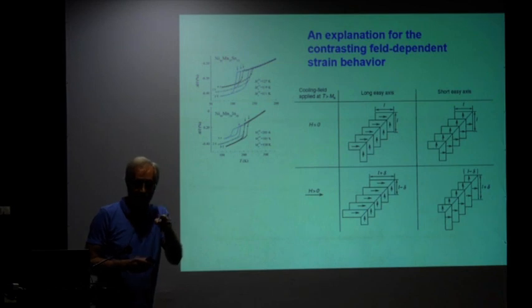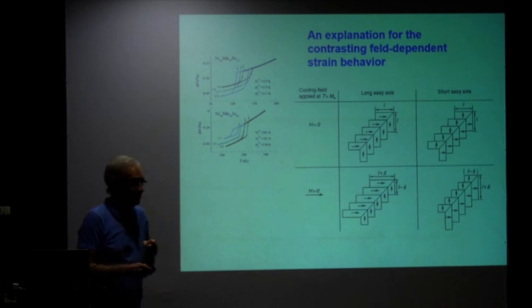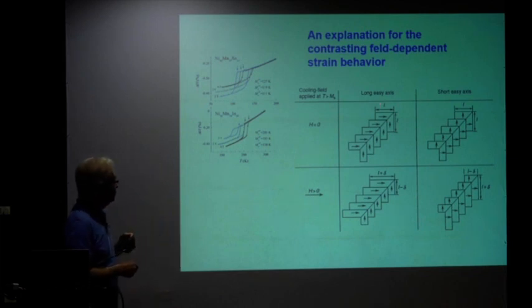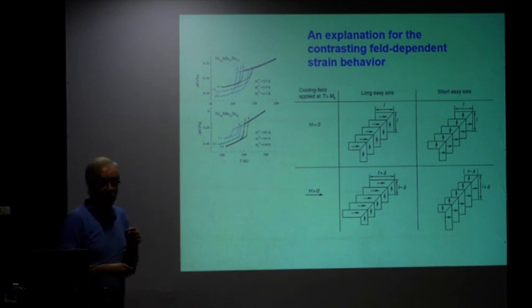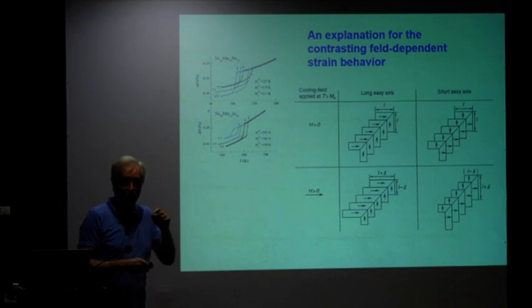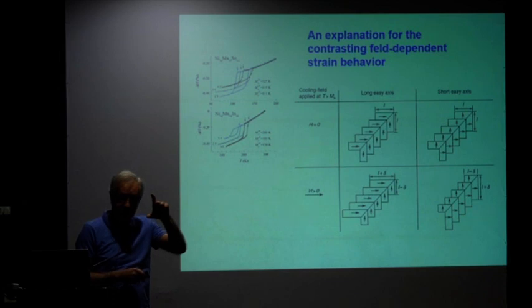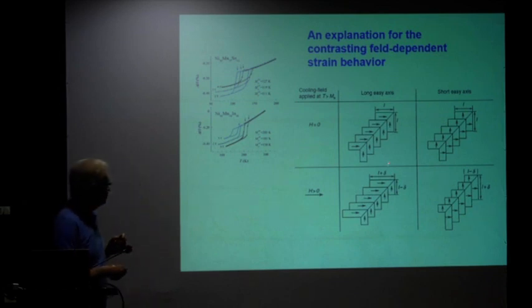Your easy axis can be short, or your easy axis can be long. So, if your easy axis is long, is the difference in the length going to increase or is it going to decrease?